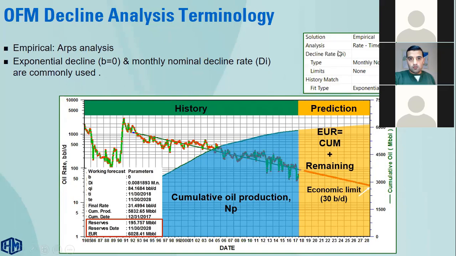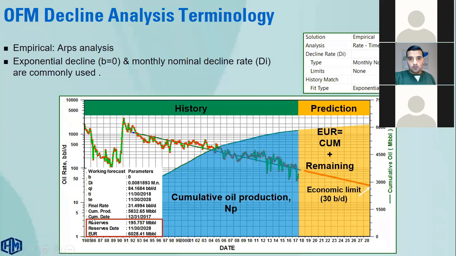As you can see, this is a snapshot of the tools available in OFM. The solution is empirical, or Arps equation, with decline rate, or Di, and the history match for this part of our well lifetime. Fit type is exponential, which means the value of b is 0. So as you can see in these results, we have b equals 0.